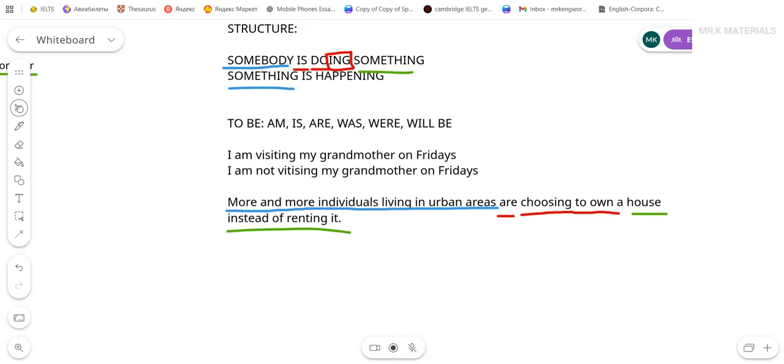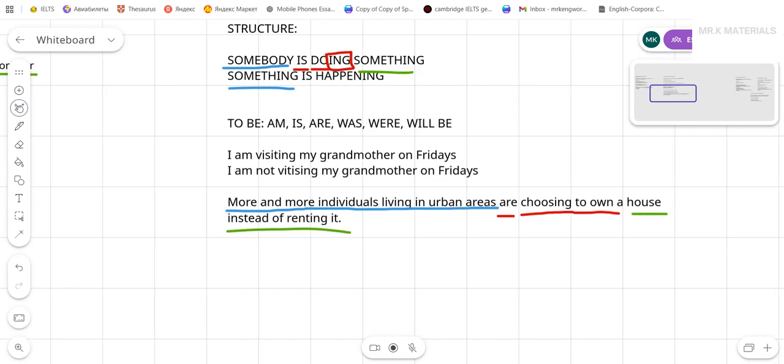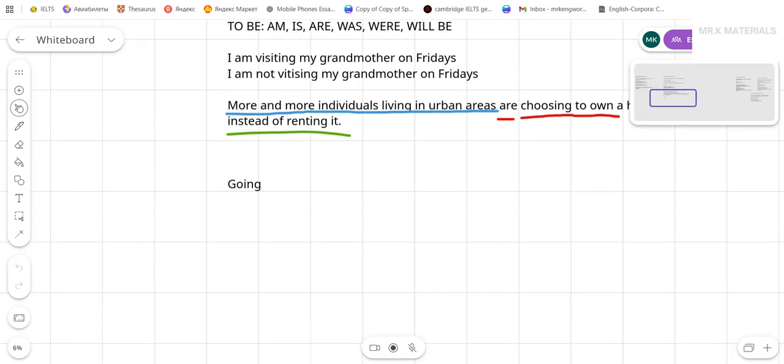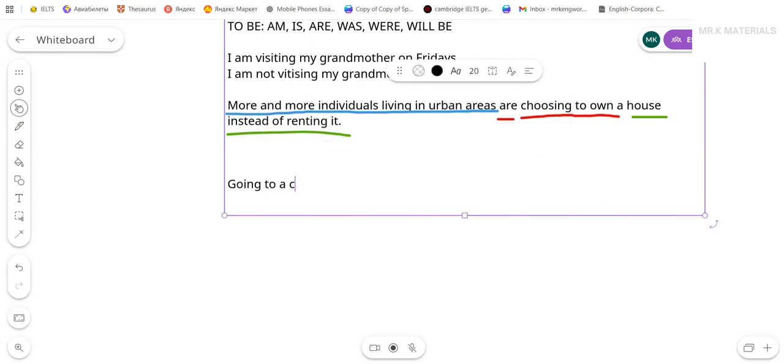All right, before we start looking at a very common problem, I want to clarify one more thing when it comes to subject, both in present simple and present continuous. We can have a sentence like this. Going to a cafe is getting more and more popular in my city.